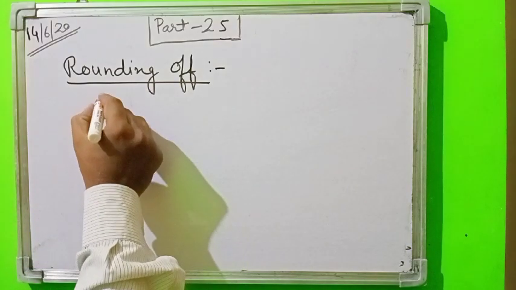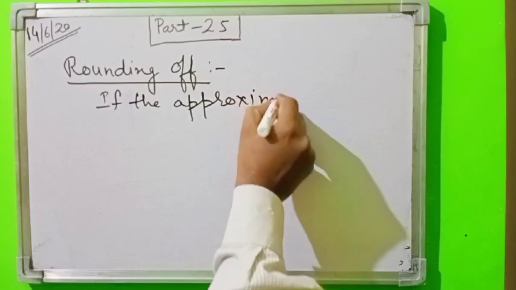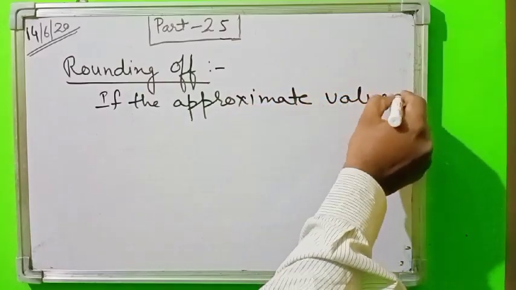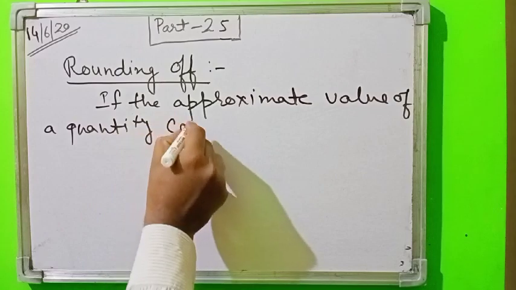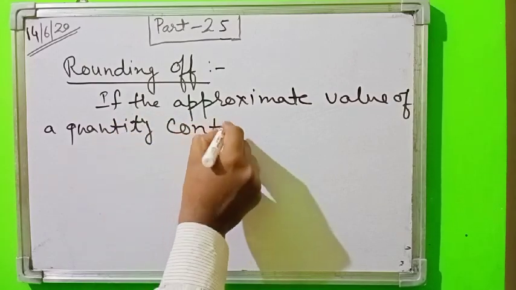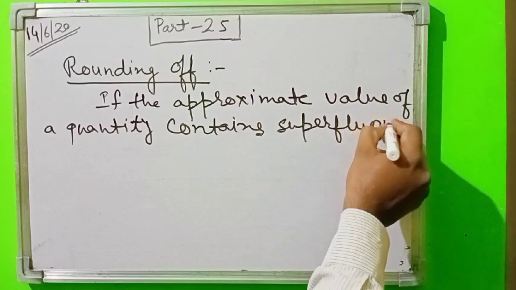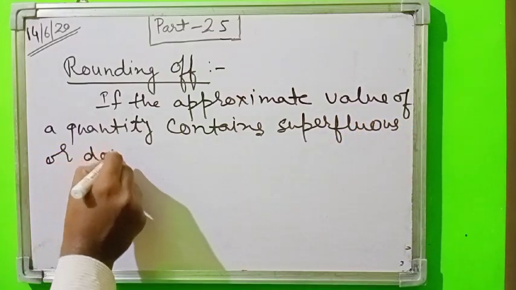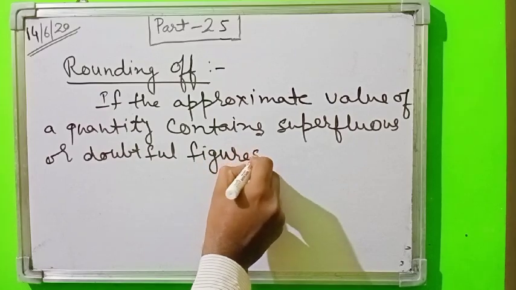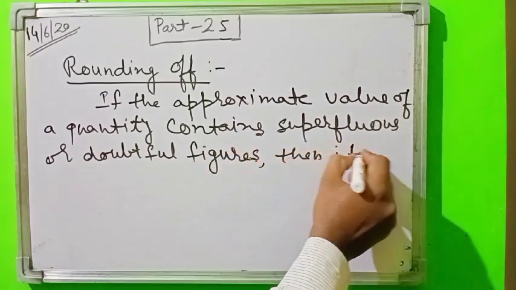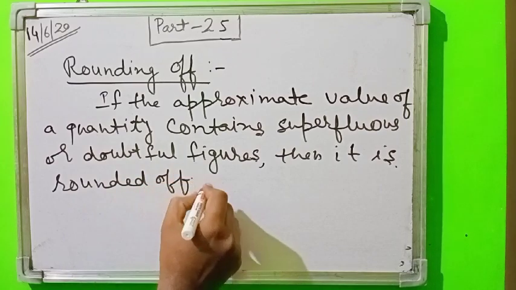If the approximate value of a quantity contains superfluous or doubtful figures, then it is rounded off.